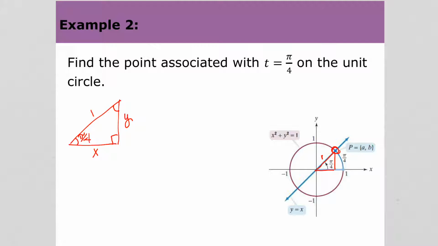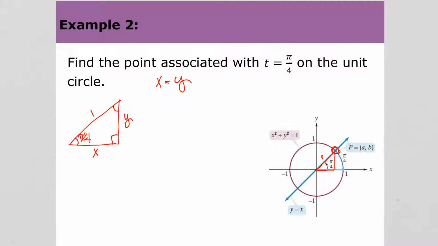So this is a 45, 45, 90 triangle. That means that x and y are going to be the same. Remember way back from geometry, if a triangle was isosceles, the base angles were also congruent, and vice versa. If the base angles were congruent, then you have an isosceles triangle. That's what we're talking about here.